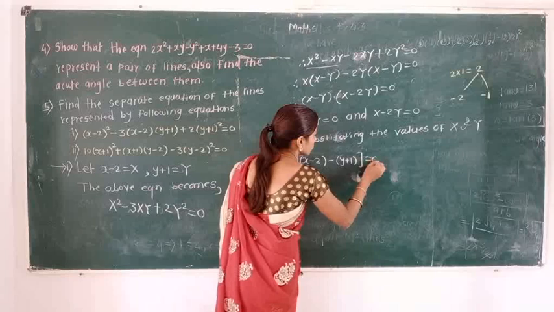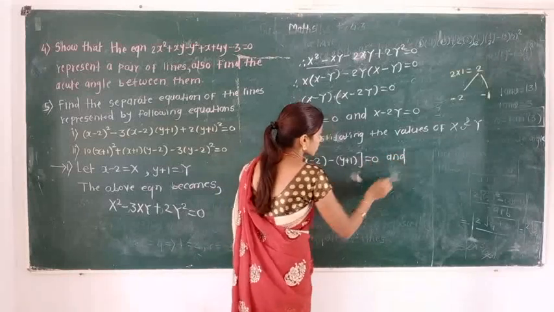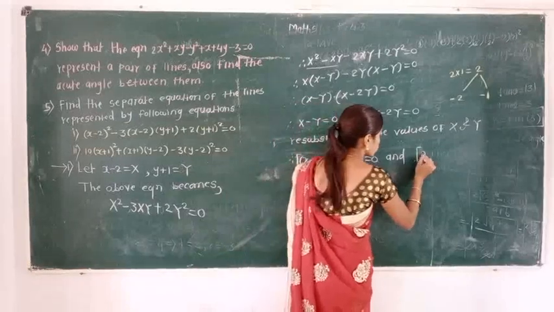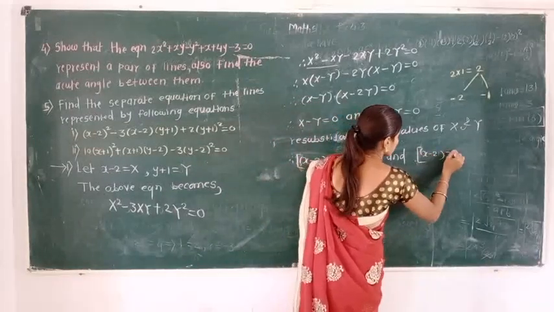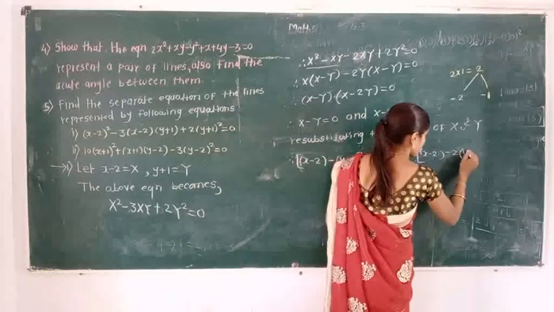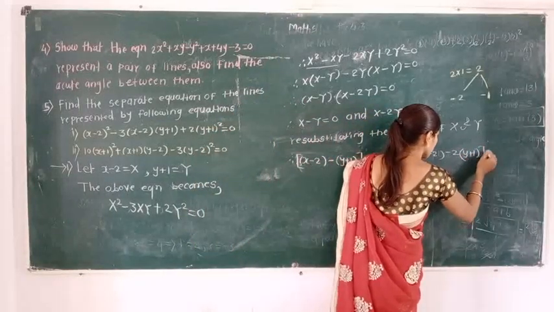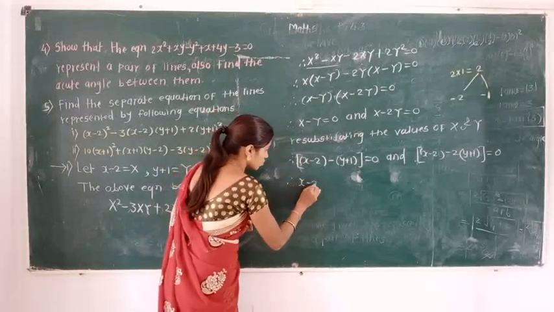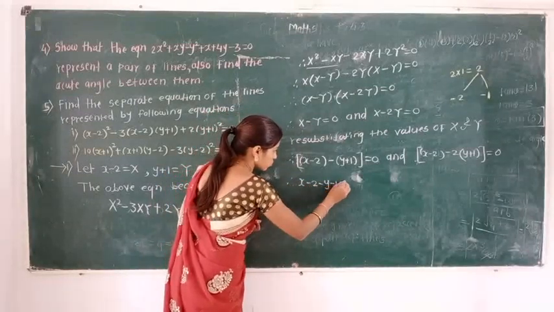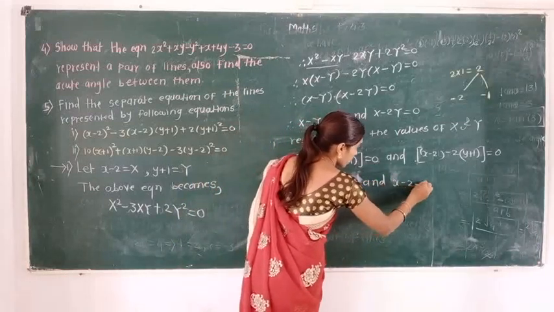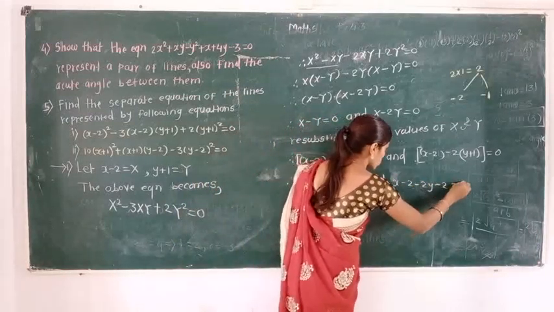So the first equation is capital X minus capital Y is equal to 0, and in the second equation, capital X is x minus 2, minus 2 times capital Y, which is y plus 1. Now simplify these two equations: x minus 2 minus y minus 1 is equal to 0, and x minus 2 minus 2y minus 2 is equal to 0.